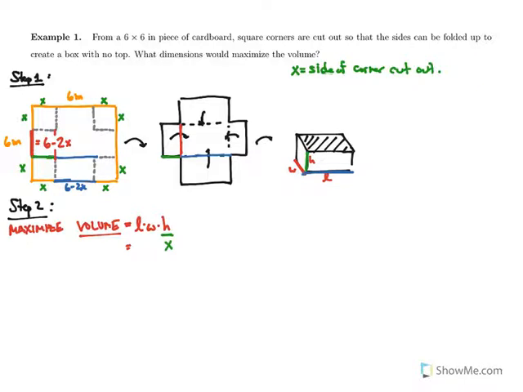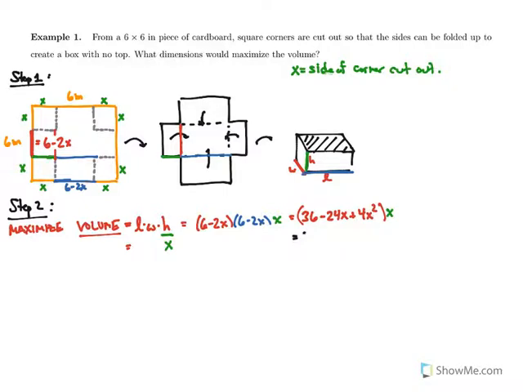So overall, we have the volume is length 6 minus 2x, width 6 minus 2x, height x. Put it all together. It was good to FOIL this. We get 36 minus 24x plus 4x squared, all times x.